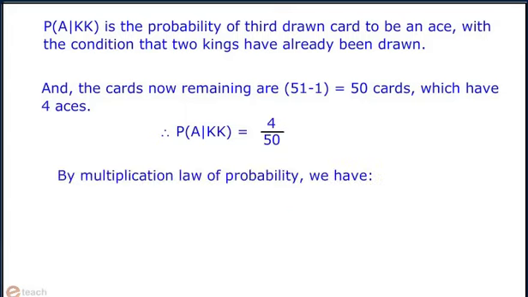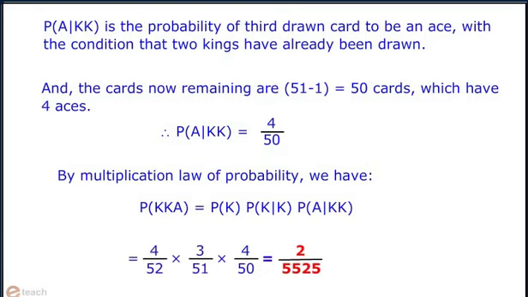Now by multiplication law of probability, we have probability of KKA equals probability of K times probability of K given K times probability of A given KK, which is equal to 2 divided by 5525.